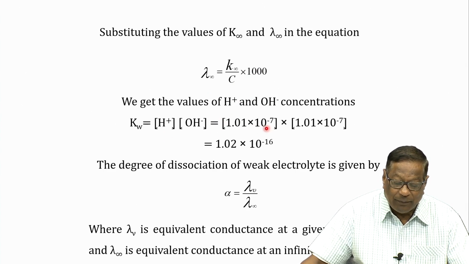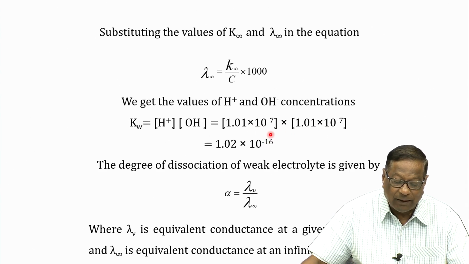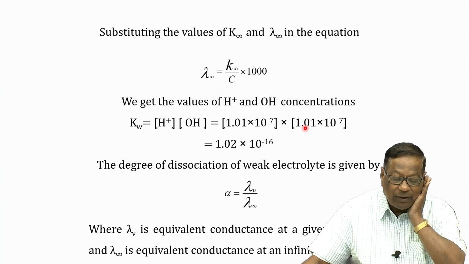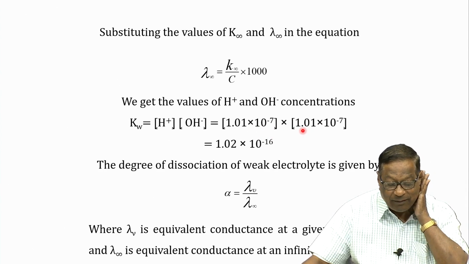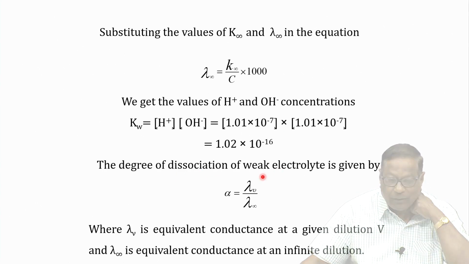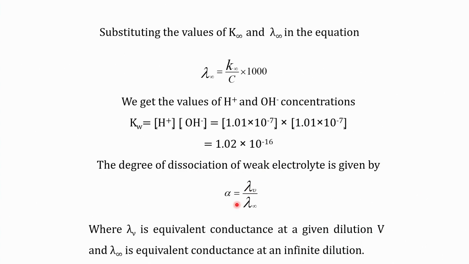Kw is equal to, it should be 10 raised to minus 14 here, 1.01 into 10 raised to minus 7, and the degree of dissociation of a weak electrolyte is also given by lambda V by lambda infinity, where lambda V is the equivalent conductance at a given dilution, and lambda infinity is the equivalent conductance at infinite dilution.